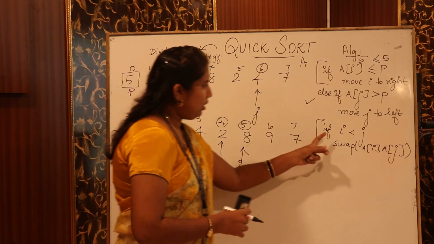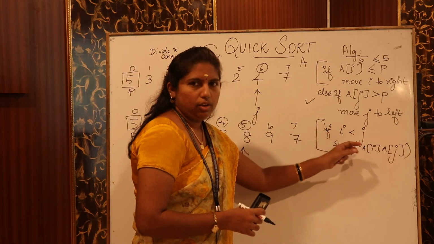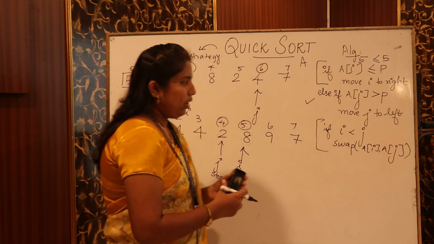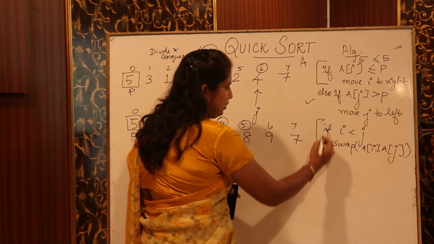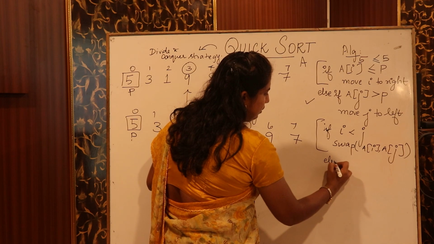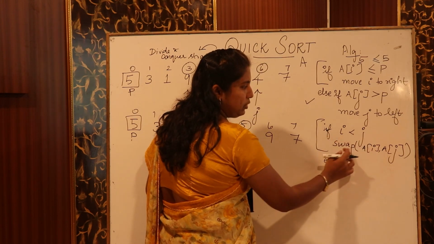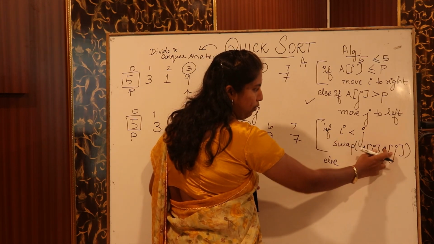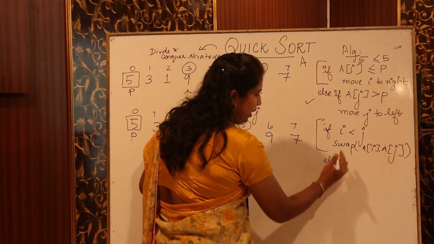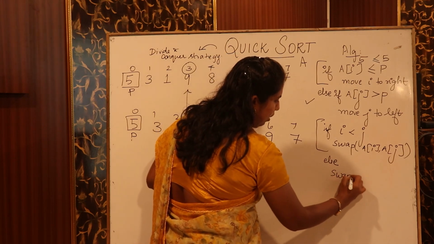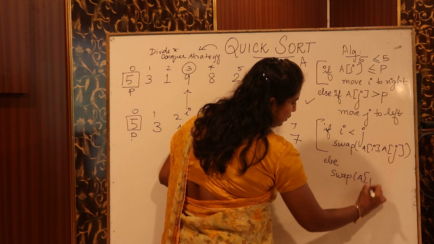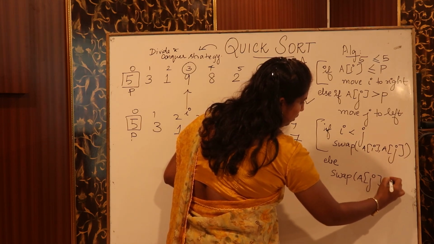So already we have seen that if I is less than j, we will be having this condition. If it is not so, else if I is less than j, we will be swapping A of I with A of j. If not, what we have to do is swap A of j with the pivot element.